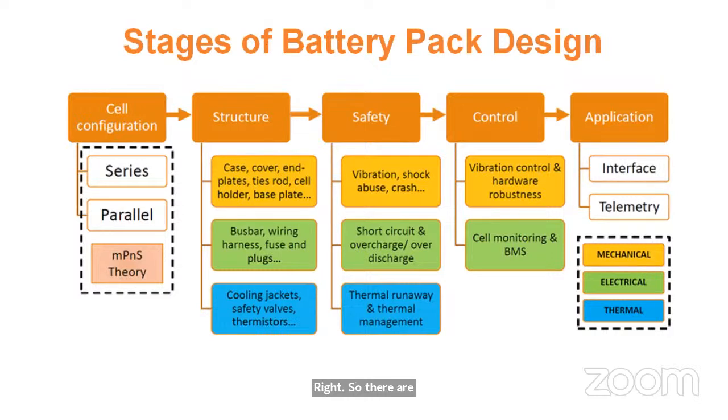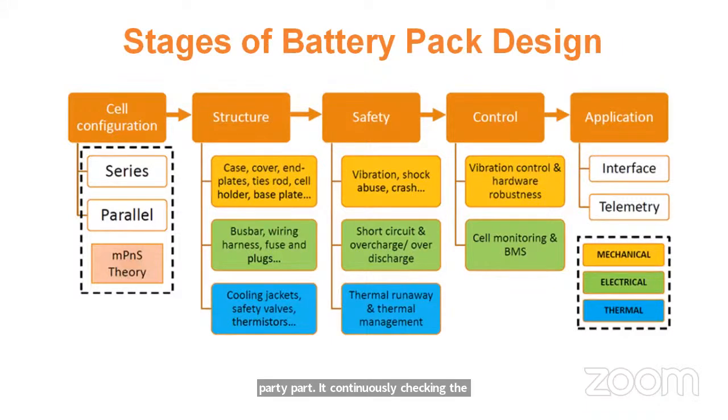First is to monitor the cell level voltage, the pack level current, and the temperature of the battery pack. So these three or four things it monitors. Apart from monitoring, it continuously checks the state of charge, the state of discharge, and the state of health of the battery pack.